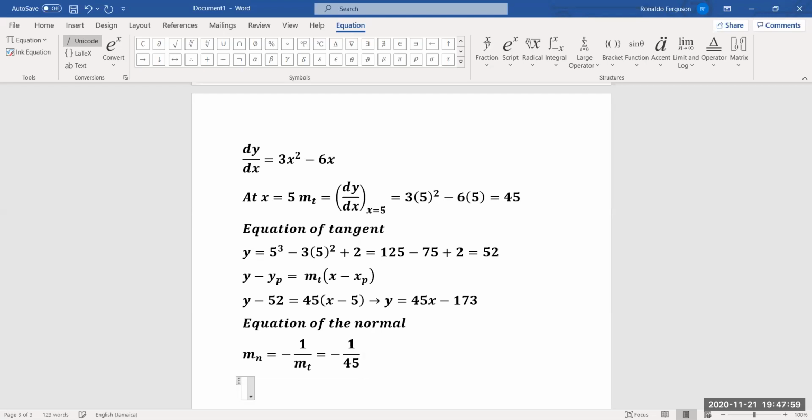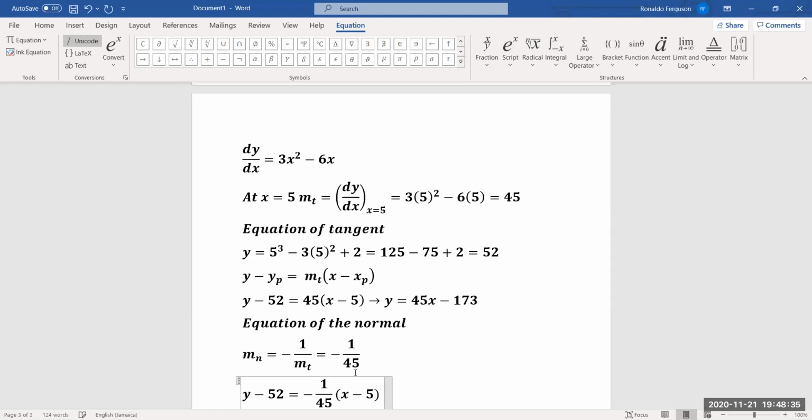So then what's the equation of the normal? I don't remember the formula for that. It's the same formula as this one, it's just that the gradient changed. So it's y minus 52 is equal to negative 1 over 45 times x minus 5.